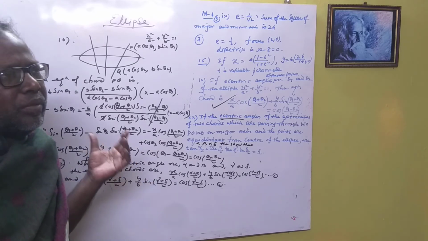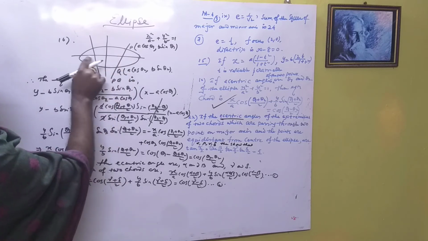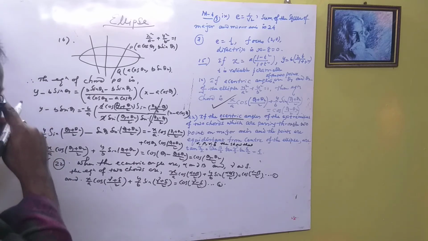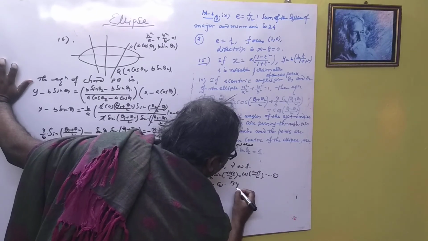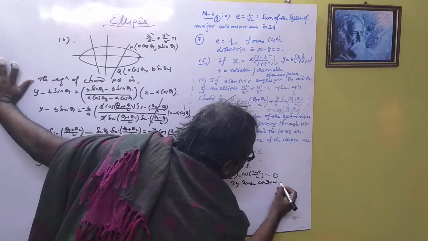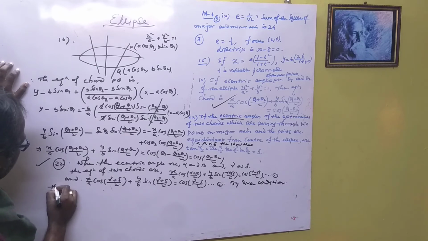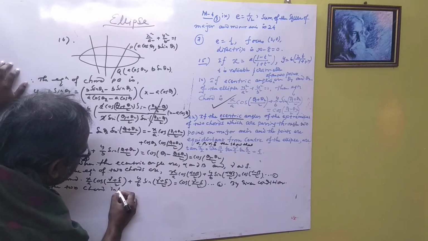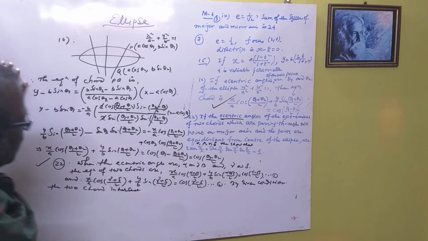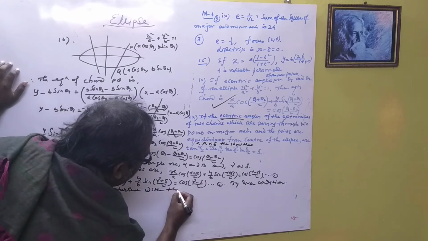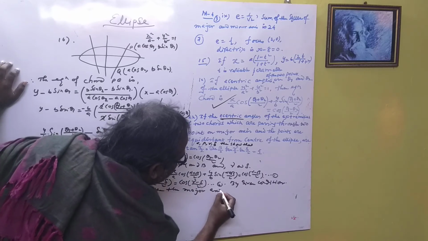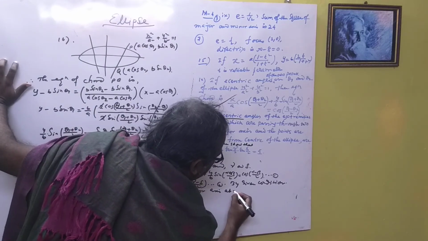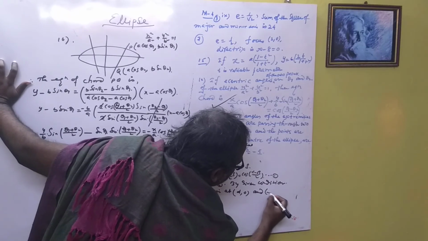If one chord intersects at the point (d, 0), then the other intersects the major axis on the other side at (-d, 0). So by the given condition, the two chords intersect the major axis at (d, 0) and (-d, 0).